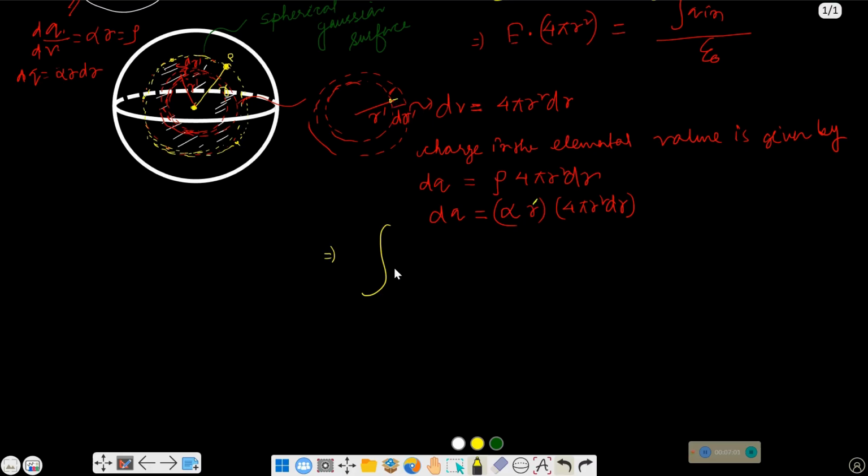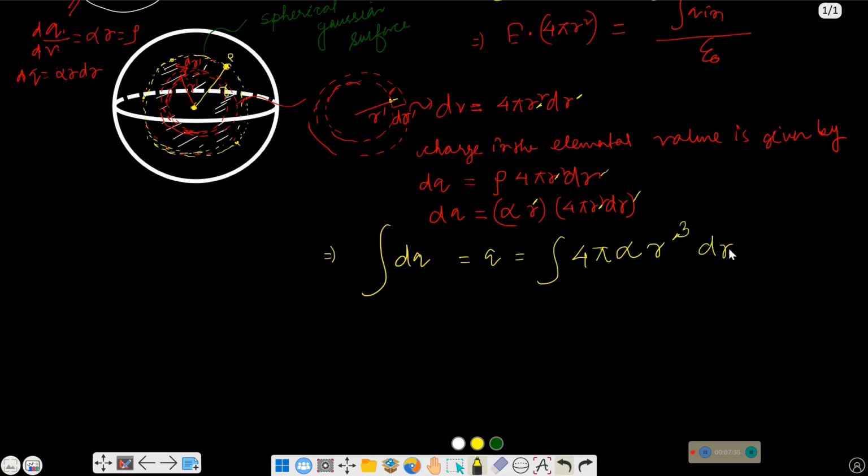So the integration of dq will give us q, which is the integration of alpha, which is constant, times dv, which is 4 pi r dash square dr dash, times r dash.